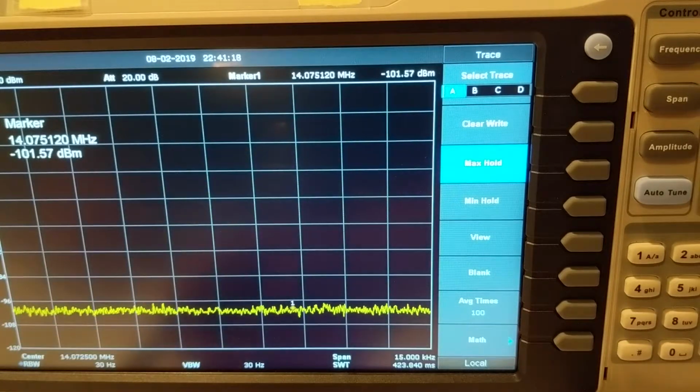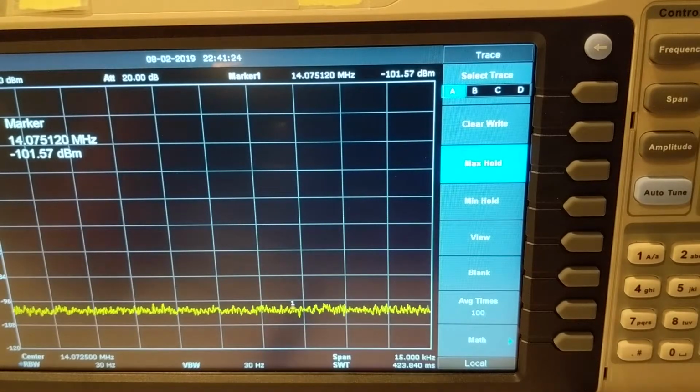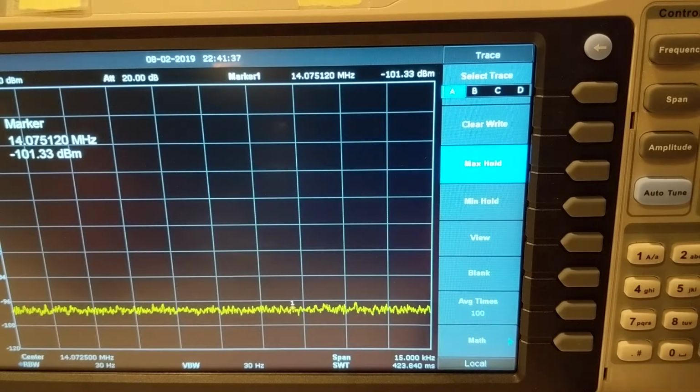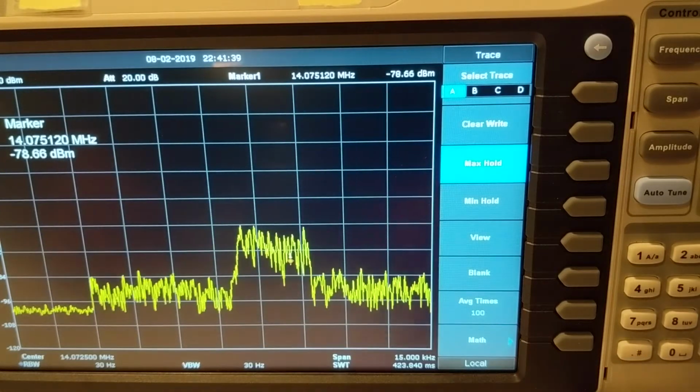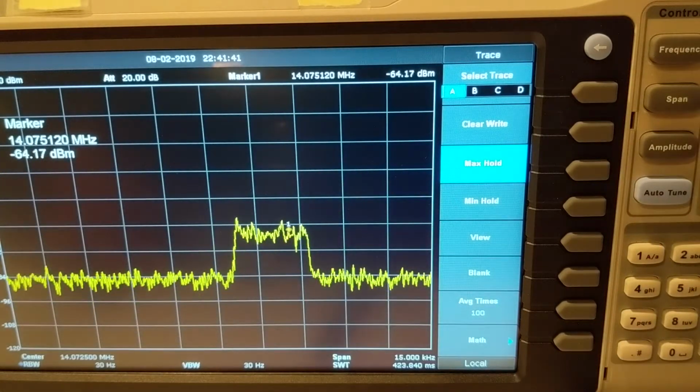Noise floor is 102 dBm. Now let me transmit at 500 hertz.